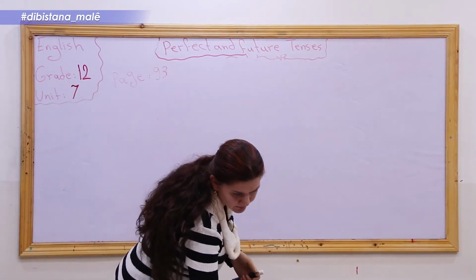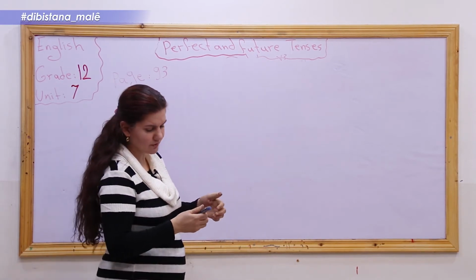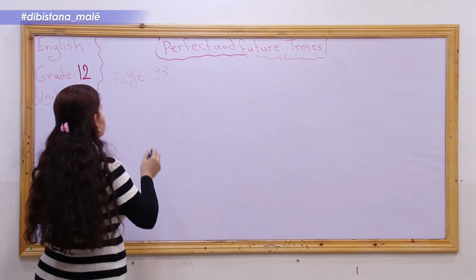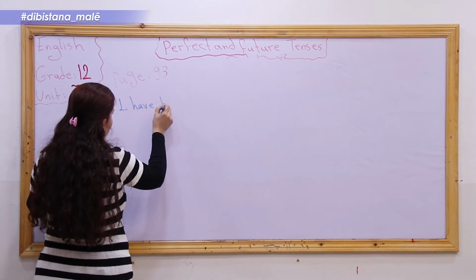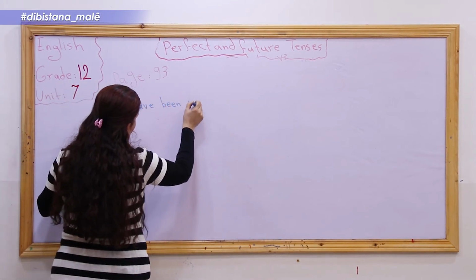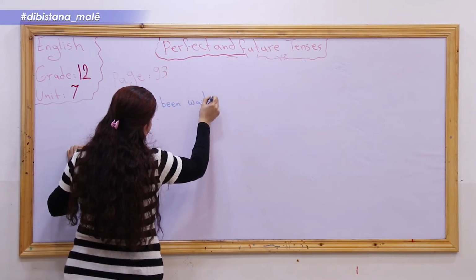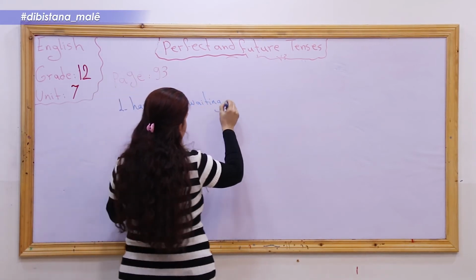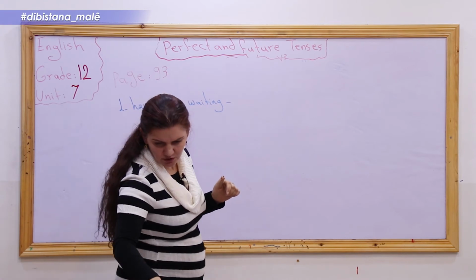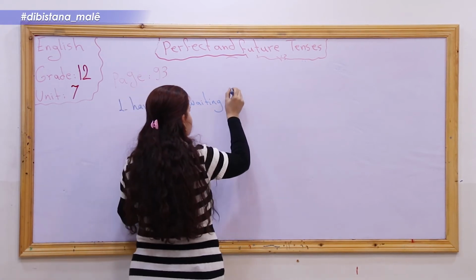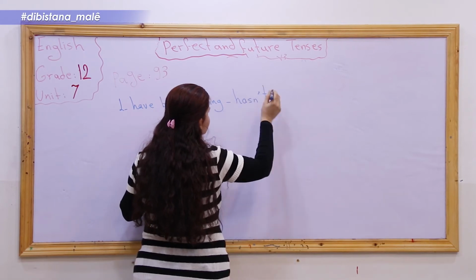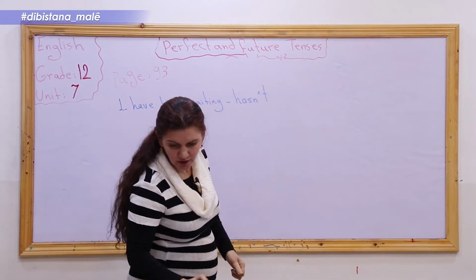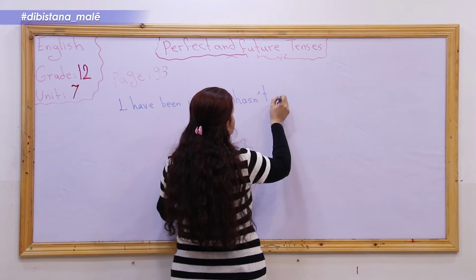And the first one, I told you, have been waiting. The second one, the subject is he, so it should be has, hasn't, because it's negative, and the verb arrive should be arrived.